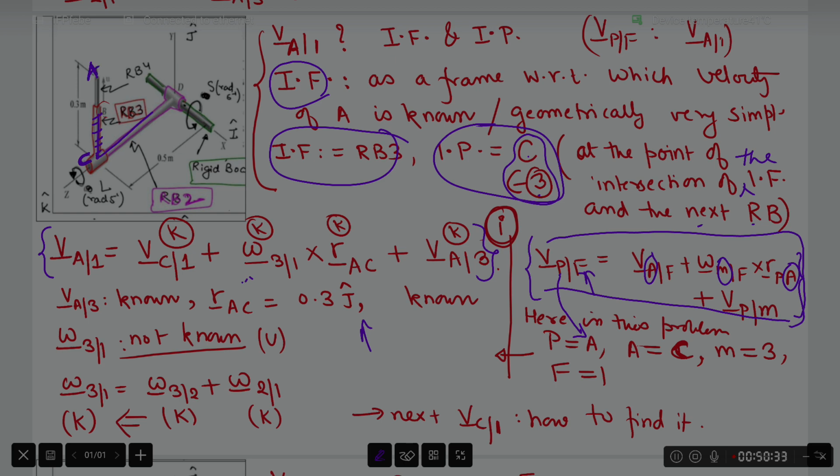So you need to change carefully all P's to A. All P's should be carefully changed to A. And the A that is there in this formula has to be carefully changed to the newly chosen IP, which in this case is C.